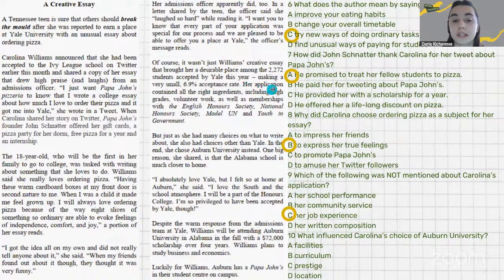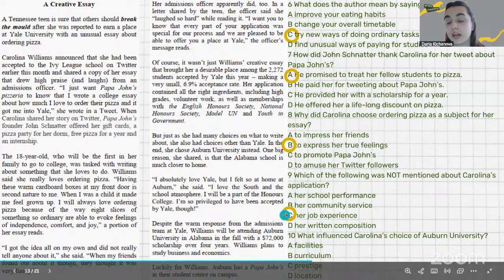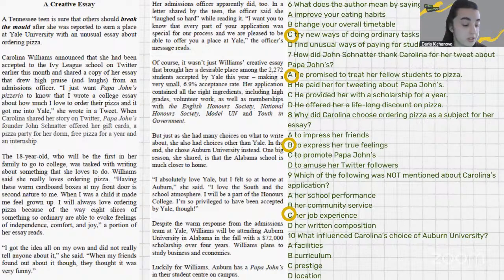Her application contained all the right ingredients, including high grades that relate to school performance, volunteer work, community service, as well as membership with the English Honor Society. So there we have her achievements. So we don't have any information about her job experience. So that answer was correct.